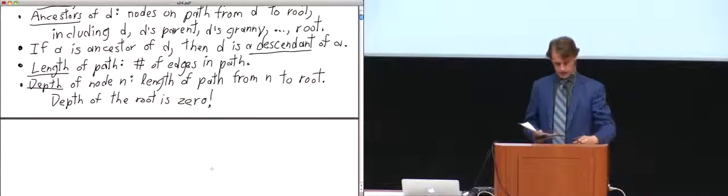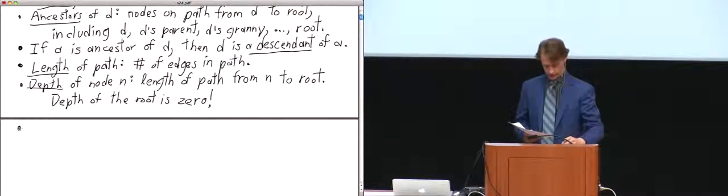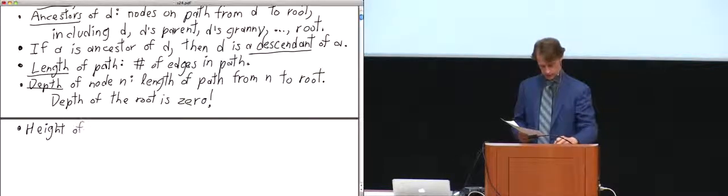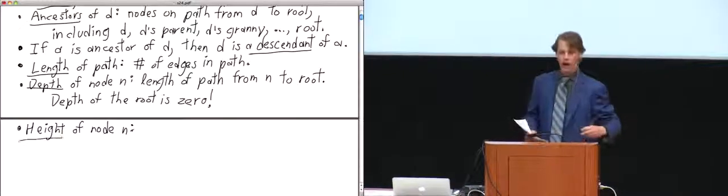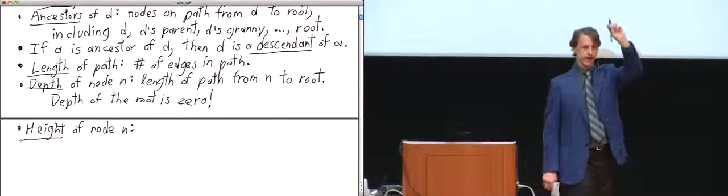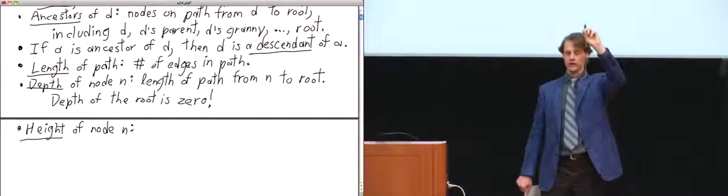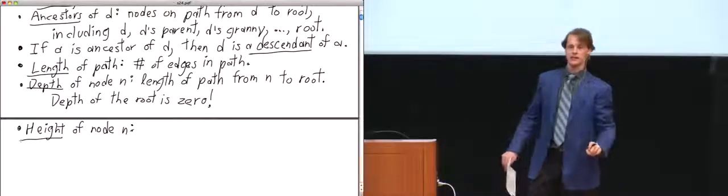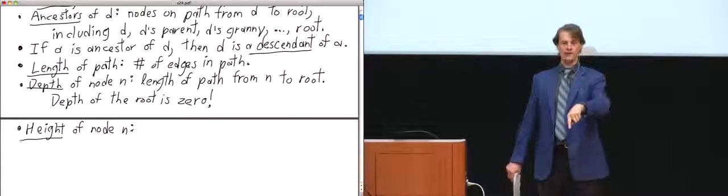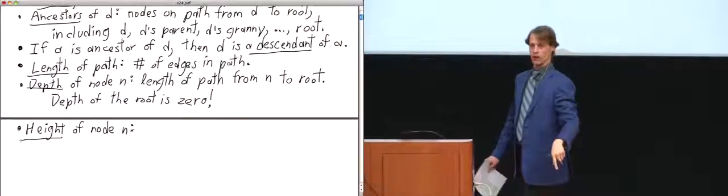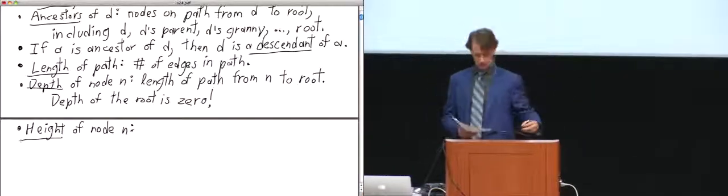And there's a reciprocal relationship to that called the height of a node in a tree. The height of a node is the length of the longest path from that node to its deepest descendant. So in other words, how far down the tree do you have to go to reach the very lowest you can go going down from that node?